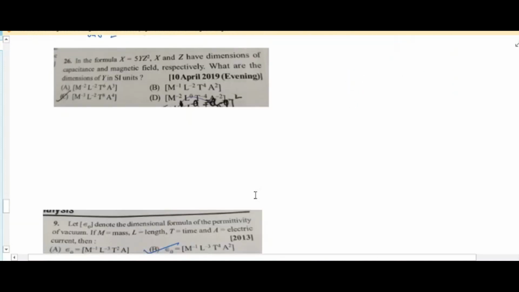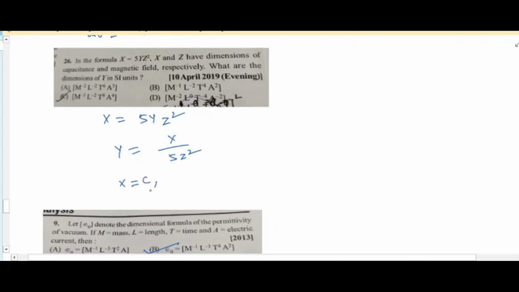Other one, in the formula x is equal to phi y z square, x and z are dimensions of capacitance and magnetic field respectively. What are the dimensions of y? See here, x is given as phi y z square. Y is equal to x by phi z square.